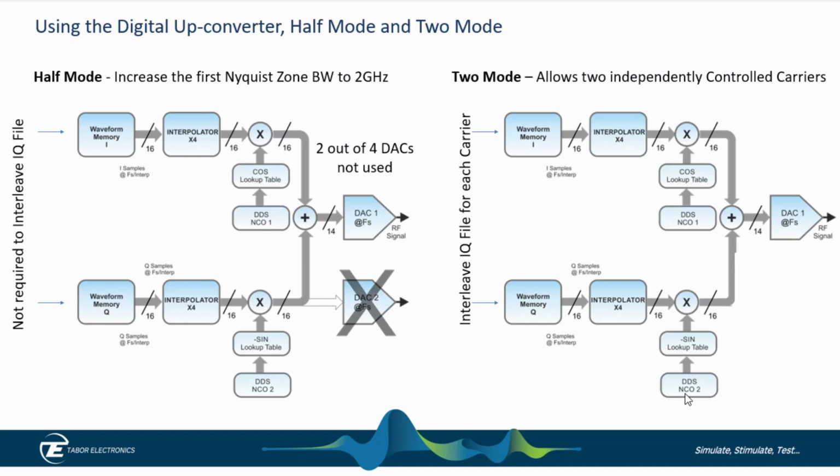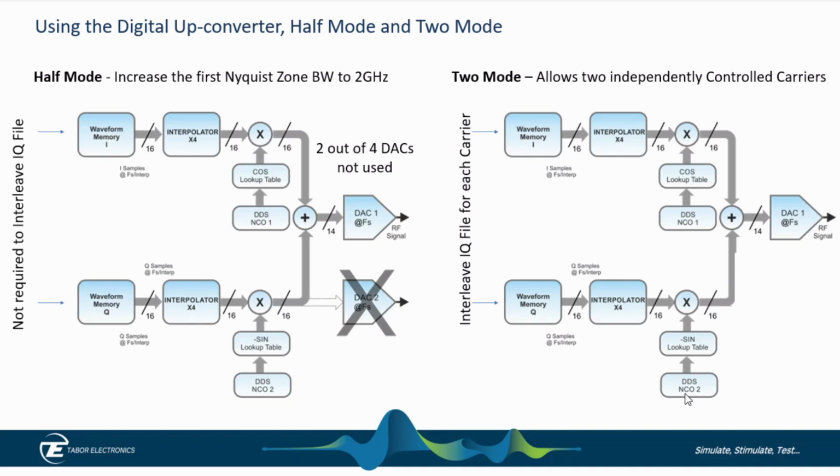So that means overall across 4 outputs we can have 8 different independent carriers with different types of waveform coming out of the instrumentation. So that really ups the performance of the instrumentation and allows you to save some costs, because you don't have to buy multiple instruments to double the amount of carriers that you want to come out.